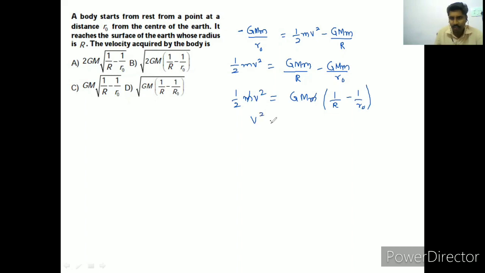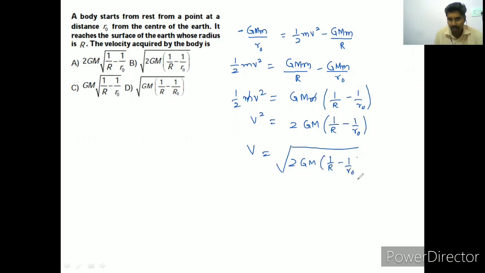V square is equal to, we can get 2 G M, 1 by r minus 1 by r naught. So v is equal to, we can get, under root of 2 G M, 1 by r minus 1 by r naught. So this is the answer. So which option is there? So here the second, B, is the correct option.